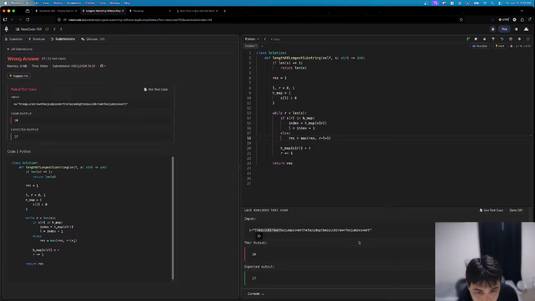O is the first. 6, 7, 8, 9, 10, 11, 12, 13, 14, 14. Console log y minus plus 1.